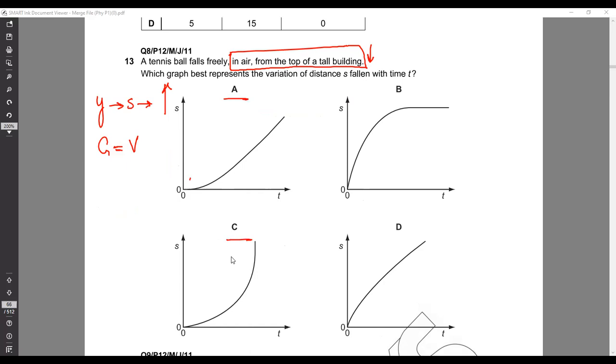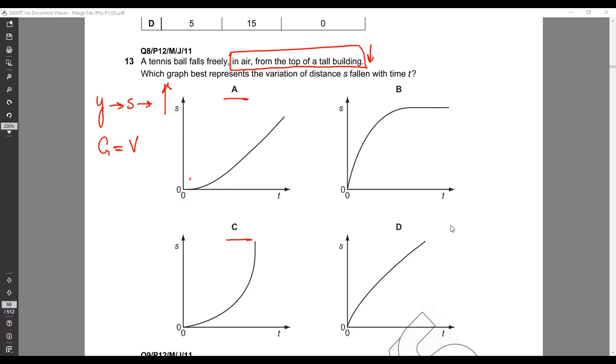In A and C, the velocity is increasing, but they have mentioned a tennis ball falls freely in air from the top of a building. So as it drops from the top of a building, the tennis ball falls freely. We are not throwing it, it is falling freely.